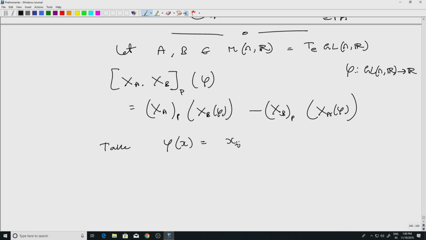So here I'll say for i, j lying between 1 and n, take phi of x equal to x_ij, i.e. phi is the projection map, phi equal to pi_ij. So this is the projection map from R^(n squared) to R. So this is MNR.